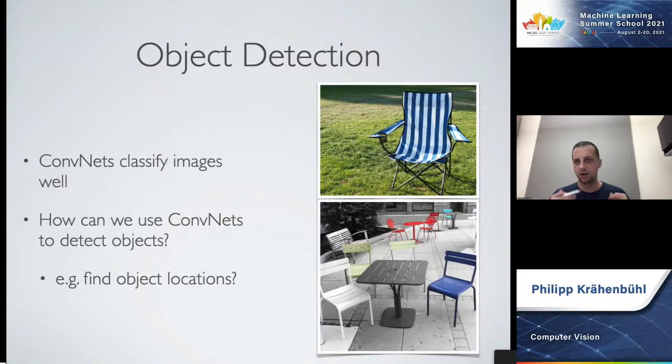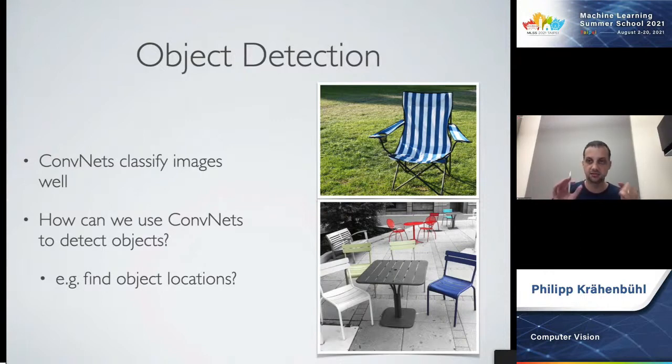And so one way to phrase object detection is to reduce it to classification. But now we're classifying regions in the image itself, okay? So instead of trying to classify the entire image, we now look at different regions in the image, and we're asking one simple question.